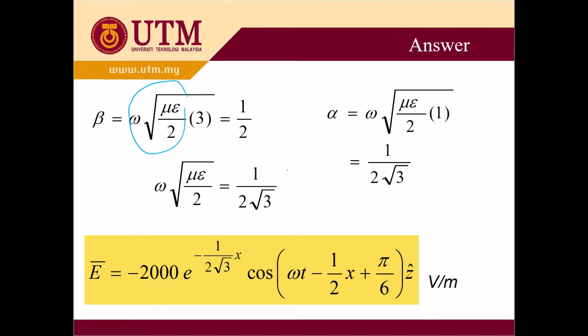Similarly, because we know this value, we can solve for alpha. Because this is 1, it becomes 1 over 2 sec 3. So we can put the value of alpha here: minus 1 over 2 sec 3, and what's the others?